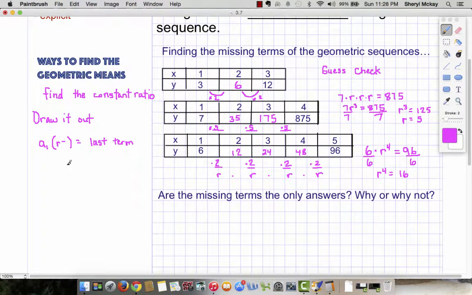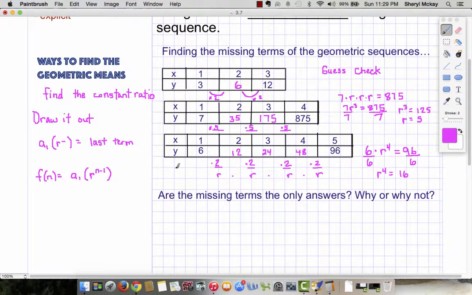If we wanted to come up with an explicit equation, well, we could think about what we've learned about explicit equations, and what we've said is that f of n is equal to the first term, a1, times r to the n minus 1 exponent. That's what we figured out in previous lessons.